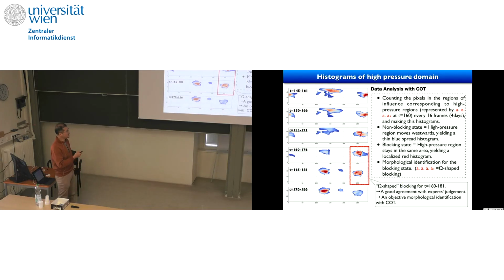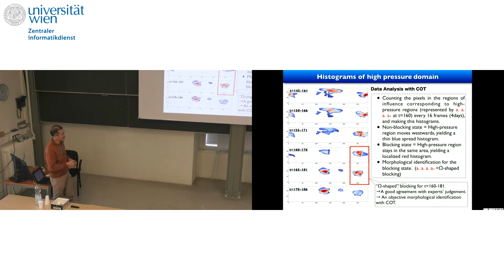So this is a side effect, a good point when we describe the pattern in terms of letters. Not only can we identify the blocking state as an expert judgment, we can say how this blocking state is in the shape of an omega, or we have several kinds of blocking states.